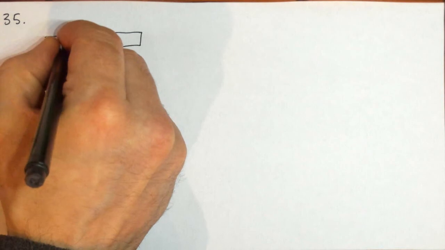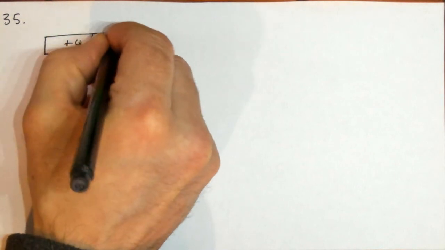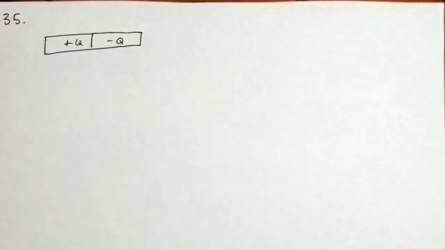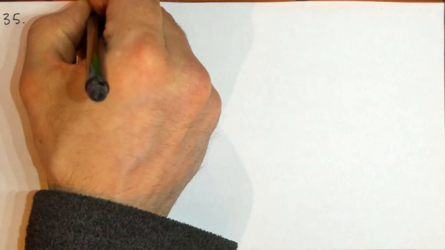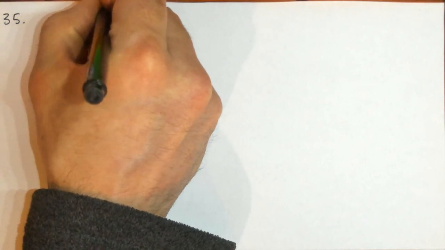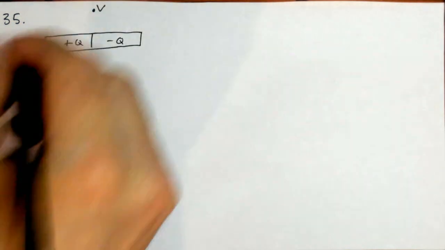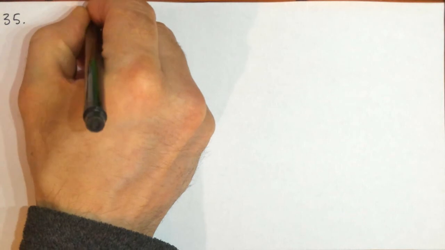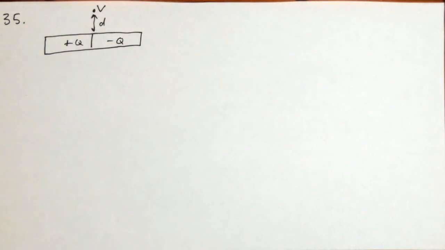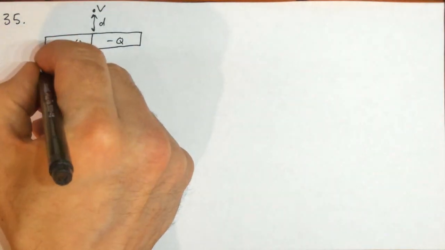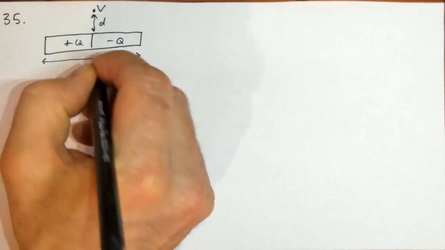So we have a rod that is uniformly charged on one side with a positive charge, and then charged on the other side uniformly with the same size of charge but negative. We're asking for the potential at that spot right there, a distance d above the midpoint of that rod, and this rod is of length L.